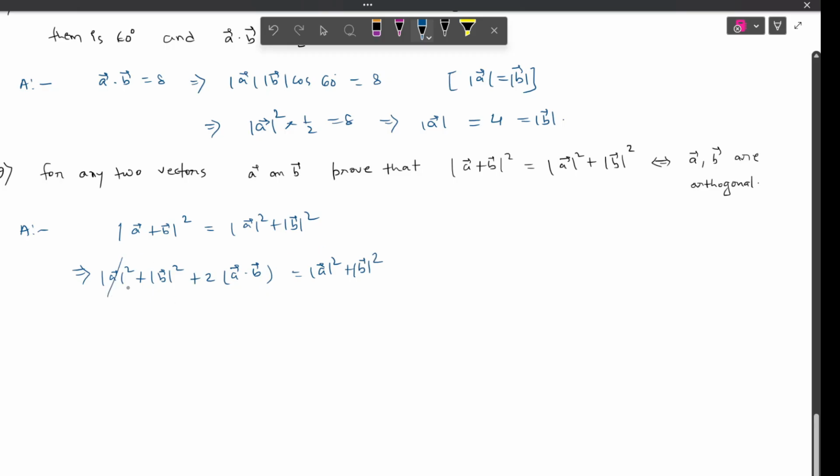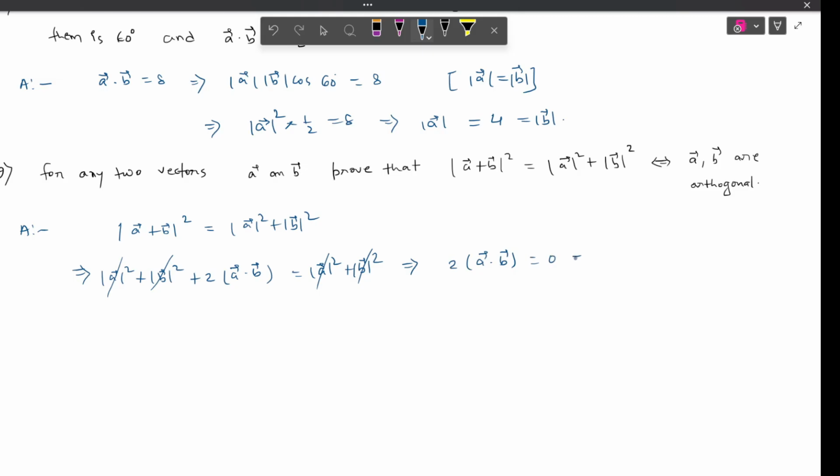So it will cancel out on both sides. This implies twice A dot B is 0, so A dot B is 0. That means A and B are orthogonal. Orthogonal means perpendicular.